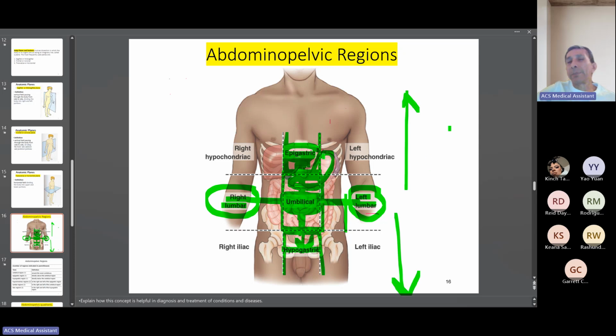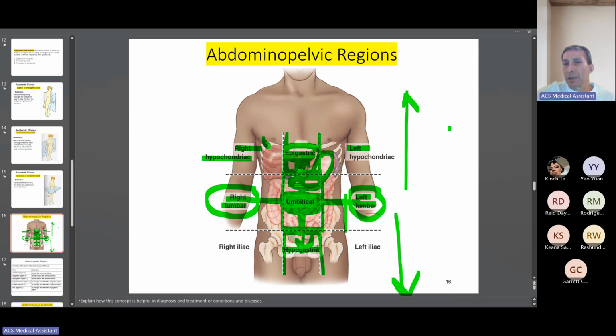Now we can take the epigastric or the hypogastric, whichever feels comfortable with you. So I'm going for the epigastric. So you're going to have right and left, but not right and left epigastric. We're going to have hypochondria. Right hypochondria. What is chondria?